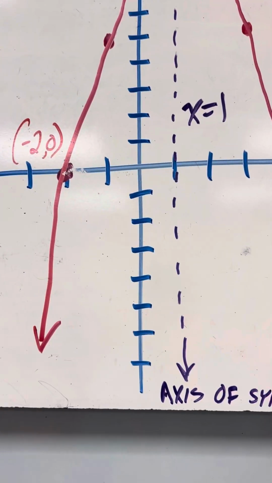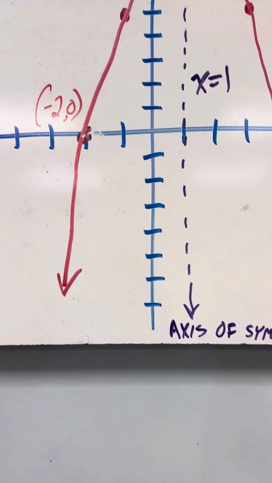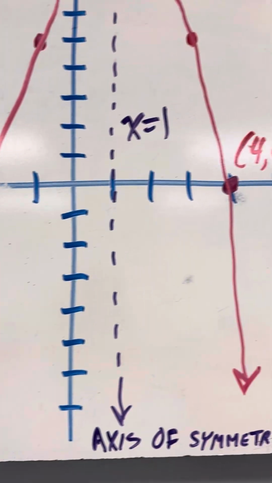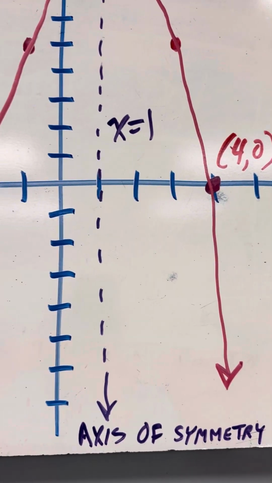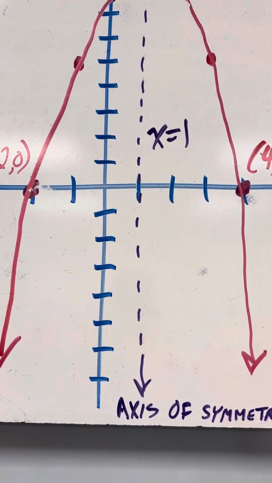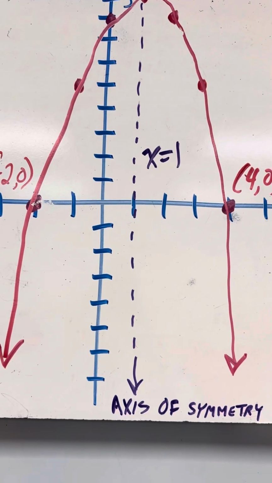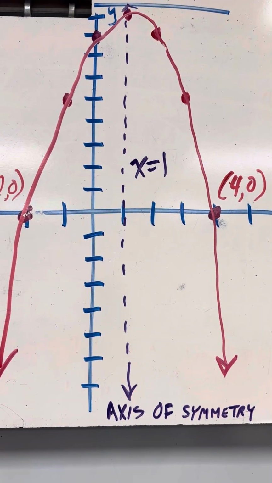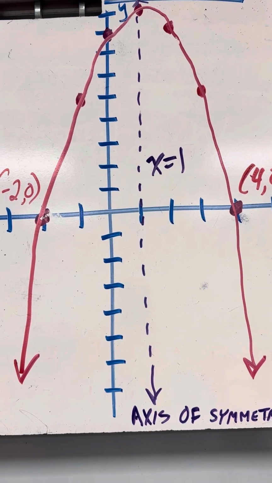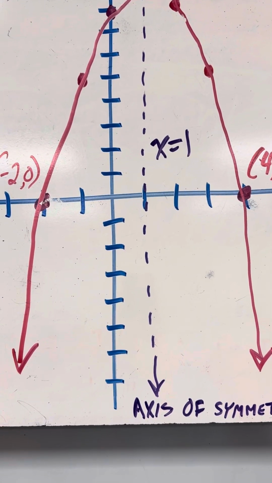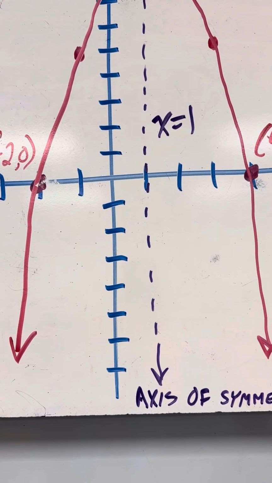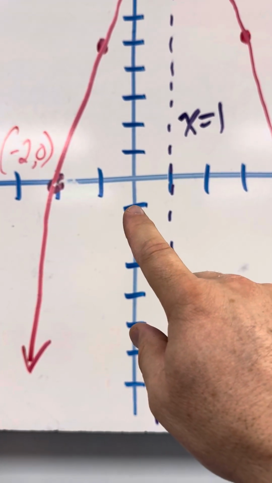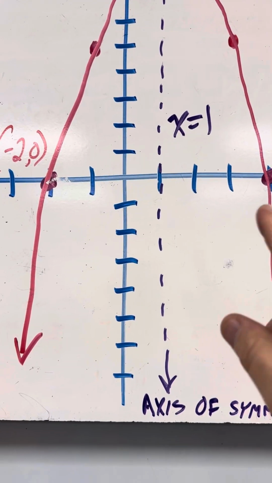Once I've got these 2 points, the points where they cross the x-axis, I'm going to get 2 points in between, okay? So either choose negative 1 or 0 or 1 or 2 or 3.